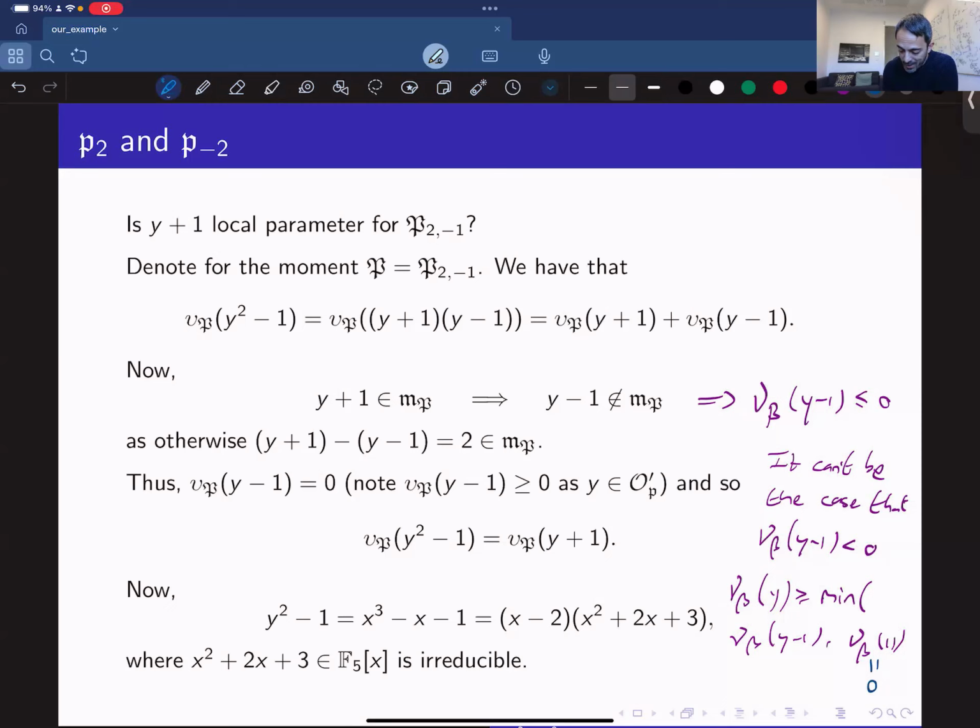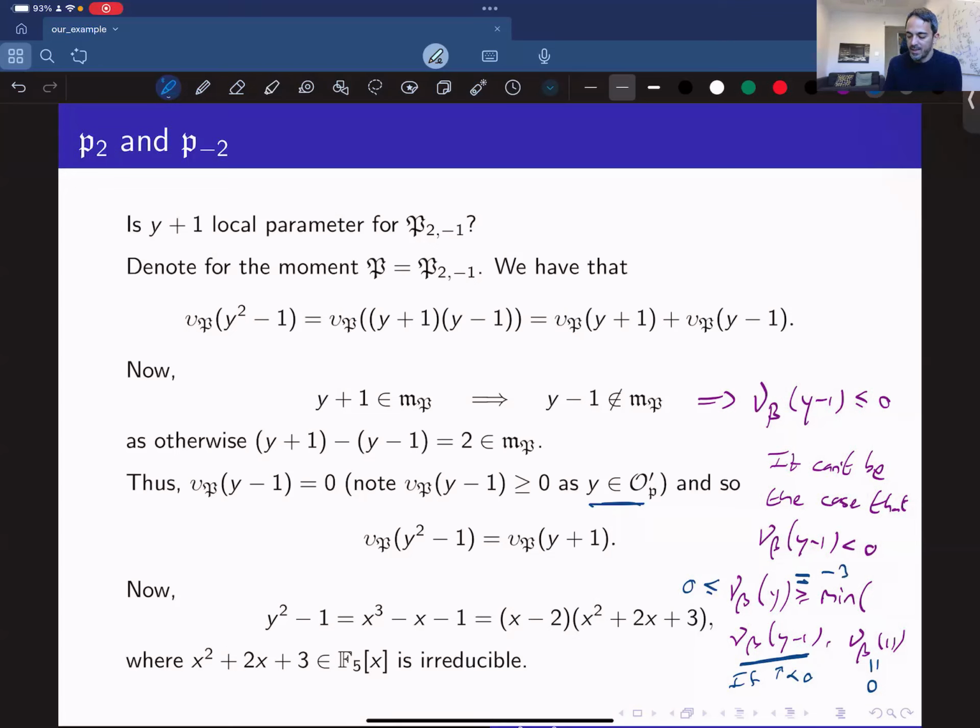And VP of y, I mean, y is in O_P prime, so VP of y is non-negative because it's the intersection of all O_P's above little p. And if VP of y minus 1 were negative, then this is negative, this is 0, they are different, so the triangle inequality becomes strict, and you get something which is negative, I don't know, minus 3 or something.